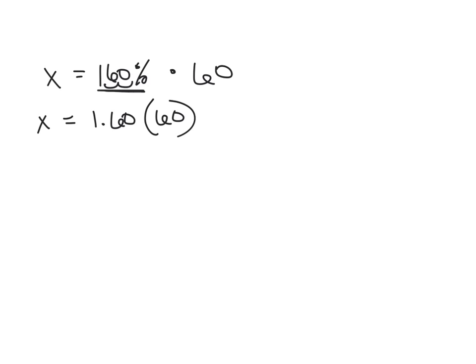Now take my handy dandy calculator, take 1.6 times 60, and I get 96 for my answer. So 96 is 160% of 60. So 100% of 60 is 60. So anything over 100% is going to give me a number bigger than 60. In this case, it's 96.